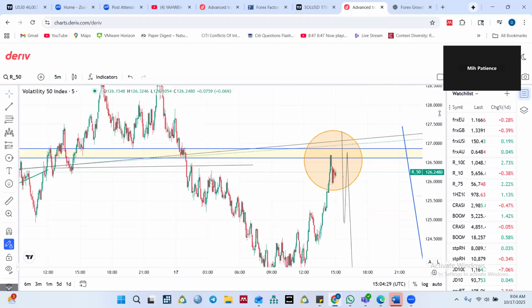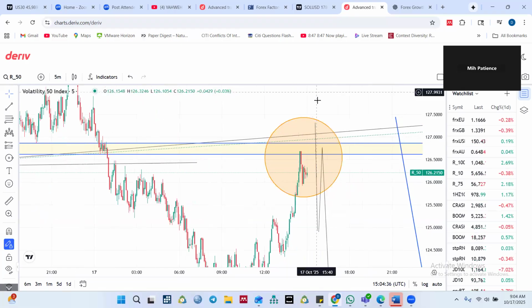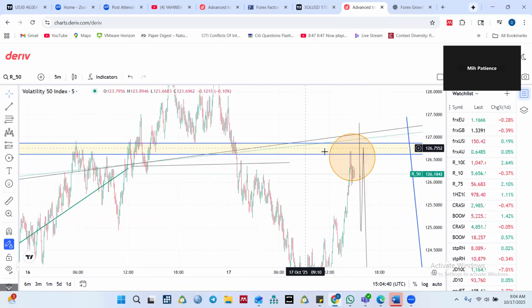One, we need price to stay, even if it goes above this resistance, we need it to come back and stay below it. It must stay below the trend line and the horizontal resistance support.